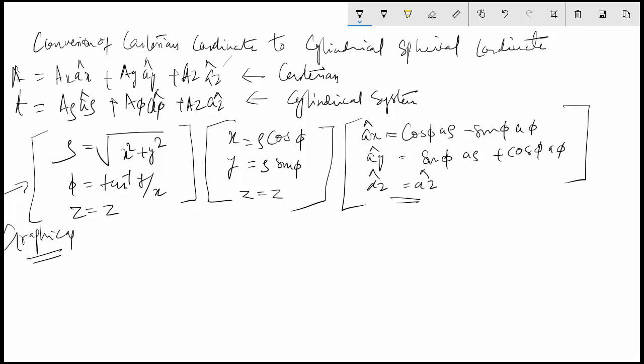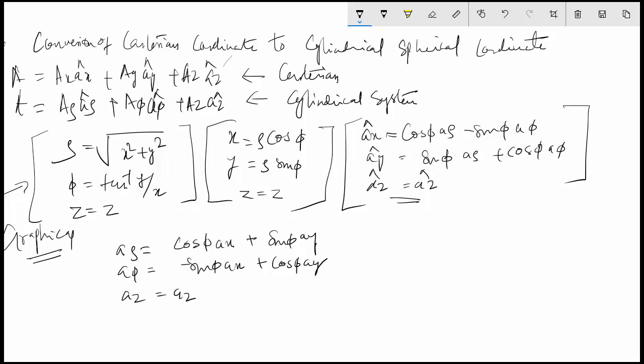And again from these three equations it is possible to compute it in the form of A rho is equal to cos phi Ax plus sin phi Ay, and A phi equal to minus sin phi Ax plus cos phi Ay, and Az equal to Az.